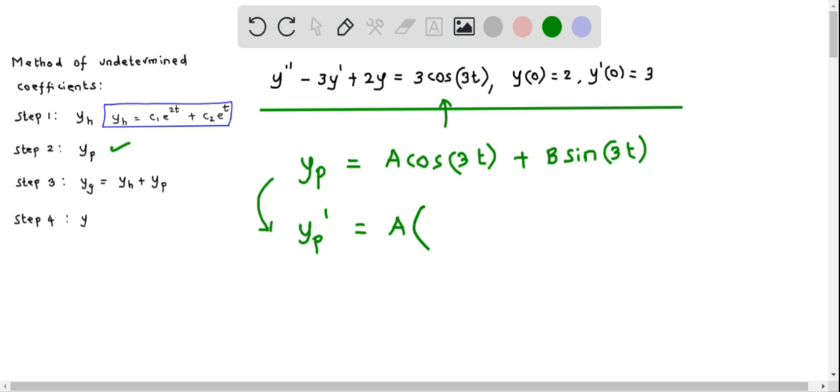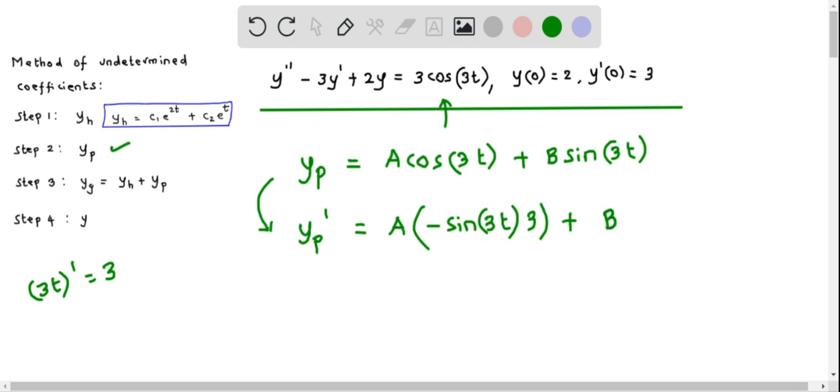Derivative of cosine 3t is negative sine 3t. We have to apply the chain rule here. First I found the derivative of the cosine function, which is negative sine, so I put negative sine 3t, and then the derivative of 3t by the chain rule equals 3. So I put this 3 here. We are done with the derivative of the first term.